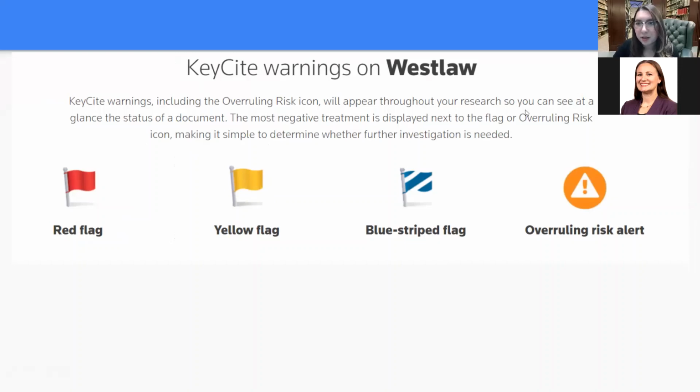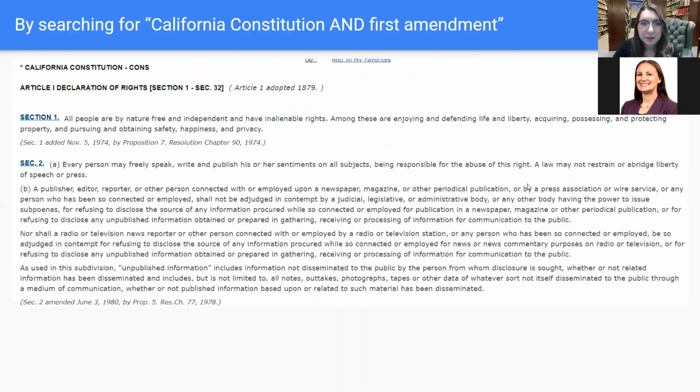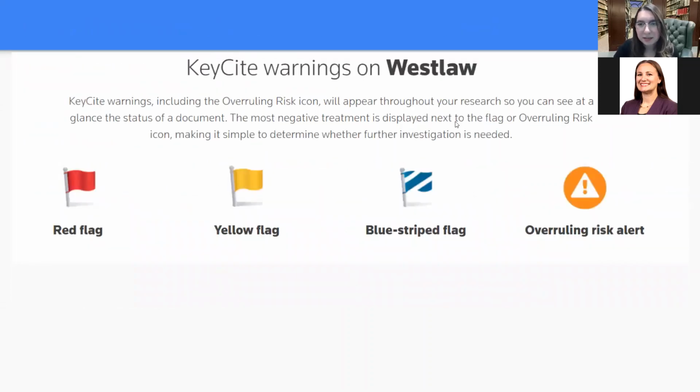Yellow means caution, there's possible negative treatment. The blue striped flag, I didn't write it down, but I think it's the same thing, cited references available. And then the caution mark is an overruling risk alert, which means that maybe it's currently being discussed and there's a possibility that it's going to be overruled.